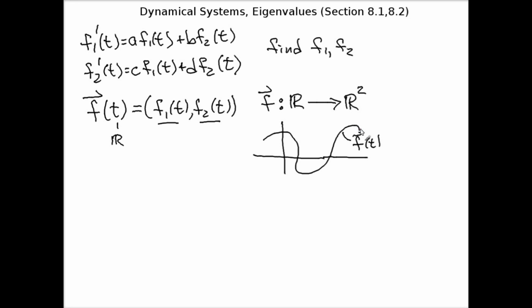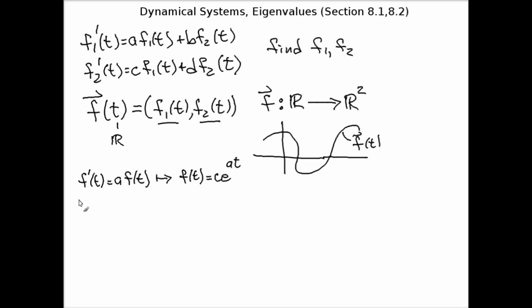Okay, so how are we going to solve this equation? Let's remind ourselves, when you just have one equation, f prime of t is equal to a f of t, the solution was f of t is equal to c e to the at. Some sort of exponential.